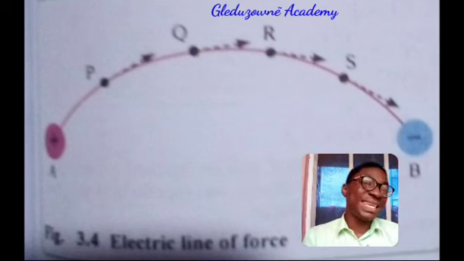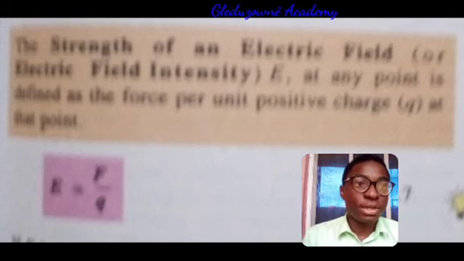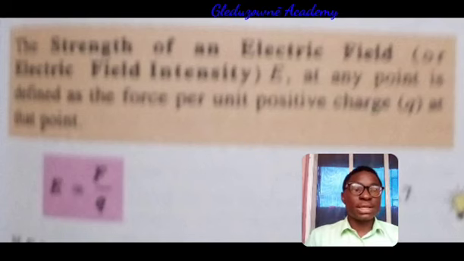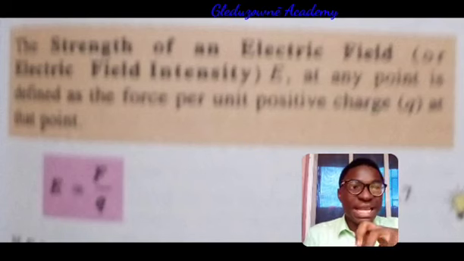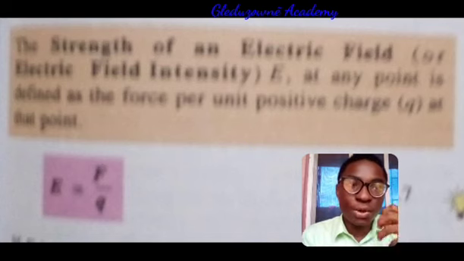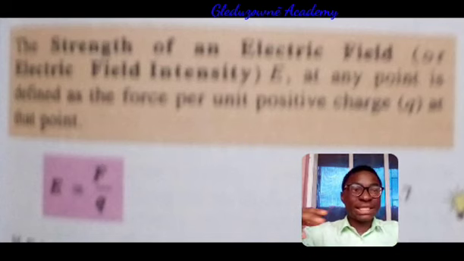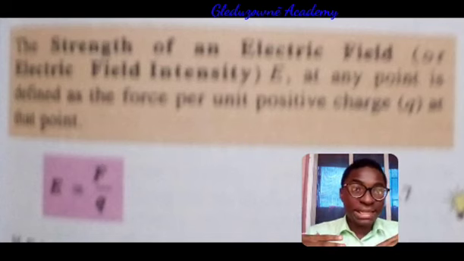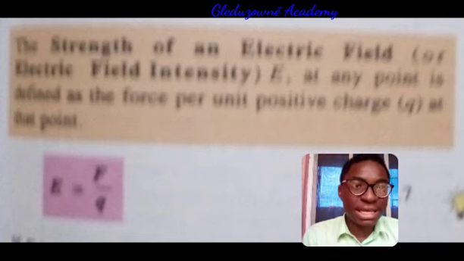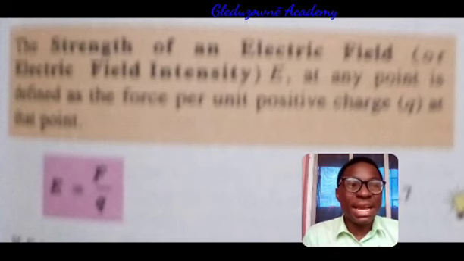The strength of an electric field, or electric field intensity at a point, is the force per unit positive charge. That means it is the force being exerted on or by a unit positive charge. This force exists because of this charge. When I say on or by a unit positive charge, the force can be exerted by that charge or by another charge that is mutually dependent on that initial charge.